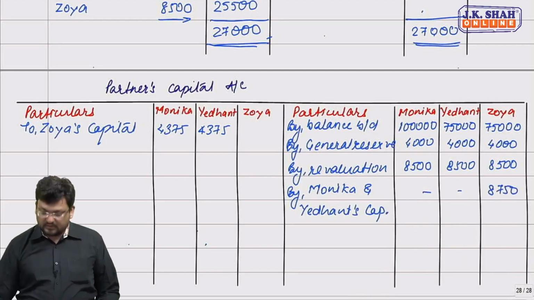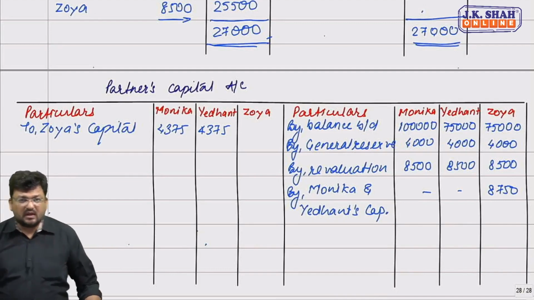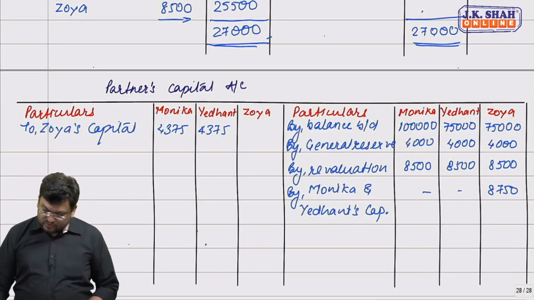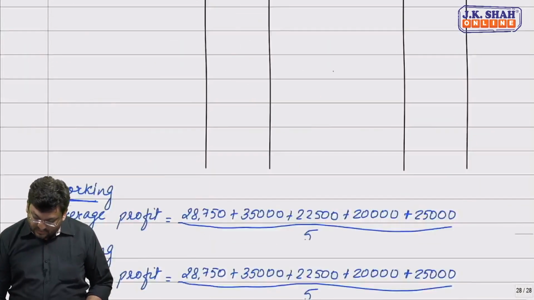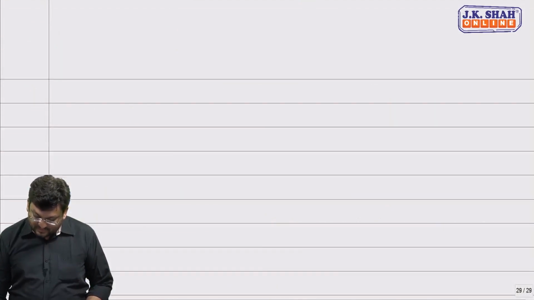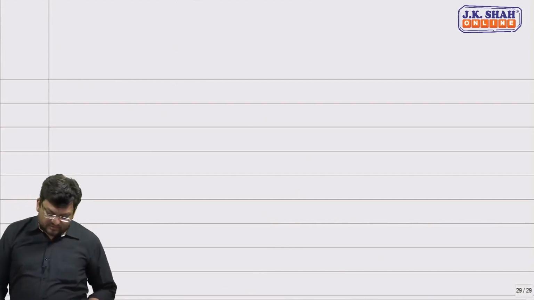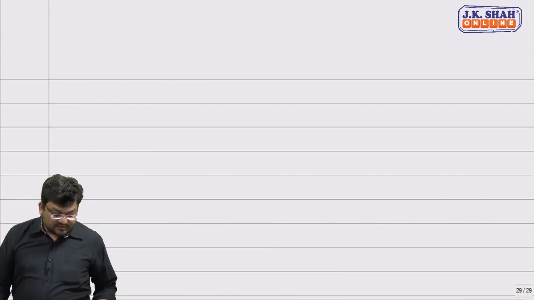Correct? Yes, sir. After treatment of goodwill, they are also asking us to calculate profit up to date of death. And that profit up to date of death is to be calculated on the basis of average profit of last 3 years.